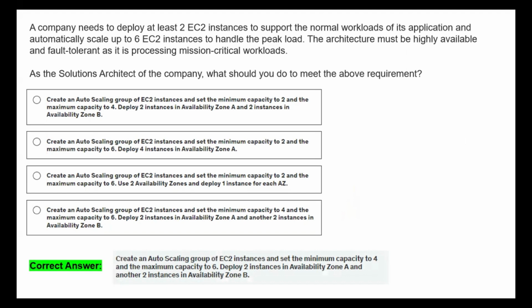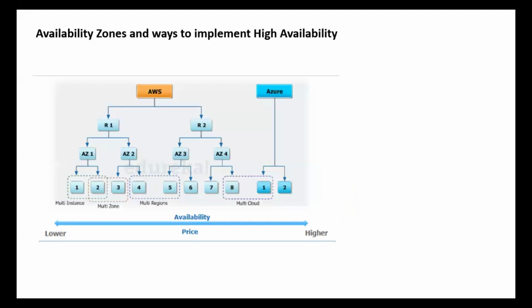If you see this diagram, this is how we achieve a highly available architecture. For any availability zone, we will have two instances running. There will be a primary instance and a secondary instance. If the primary instance goes down, the secondary instance is available to serve the customer requests.